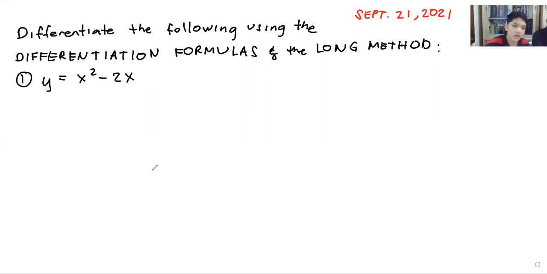So to solve this, there are two things here. There's the power and there's a minus. So for this, we're going to use the derivative of a sum or difference and the derivative of a power, which is the power formula.